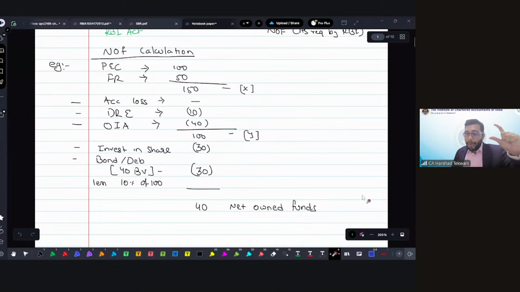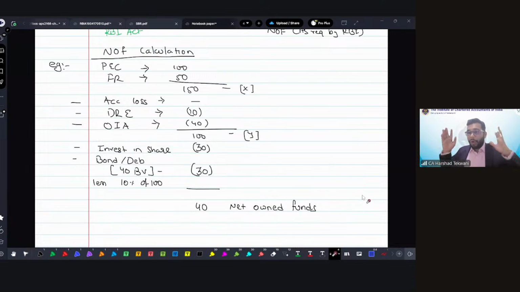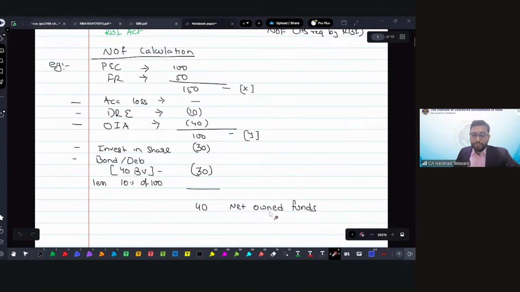So whatever book value is there, you need to reduce 10% of the Y, and whatever amount you get, that is the amount you need to deduct from the entire calculation. Clear? Yes, sir.